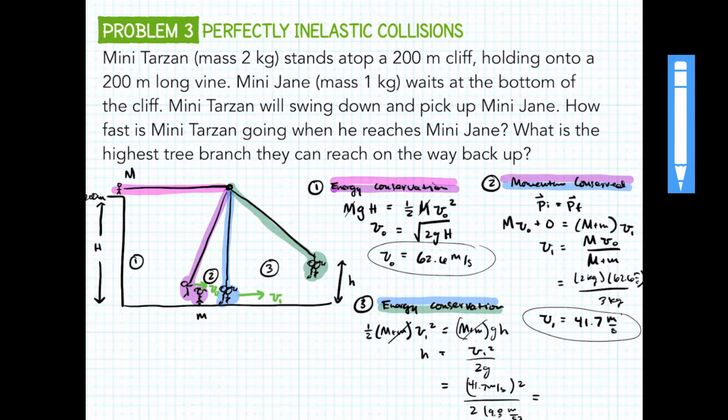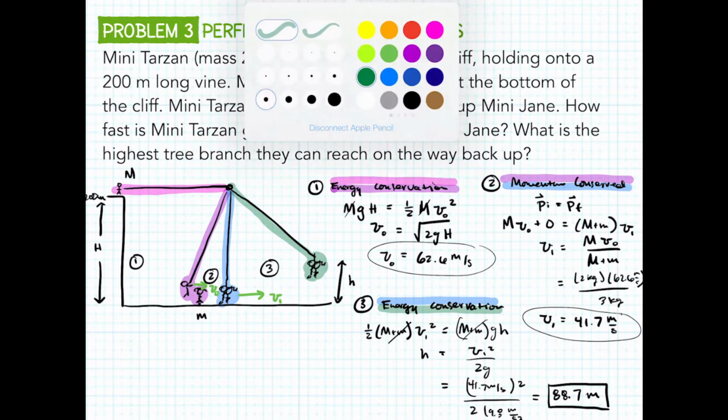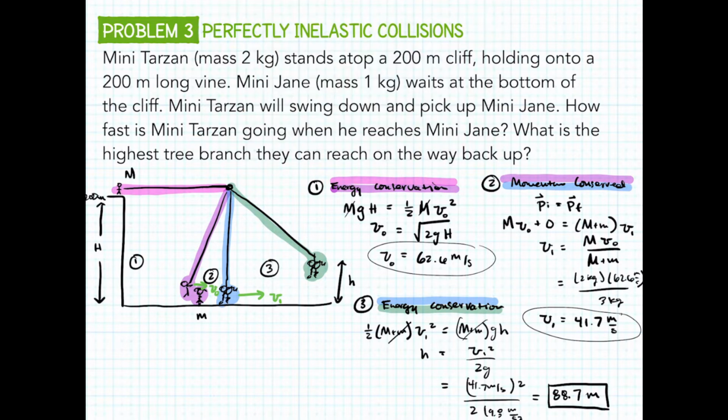And that's going to give us a height that we're assuming is going to be smaller than 200 meters, and that's 88.7 meters. So that is our final height. And that's this. Okay.